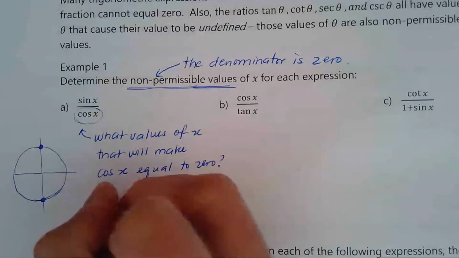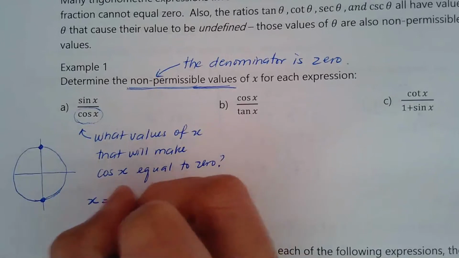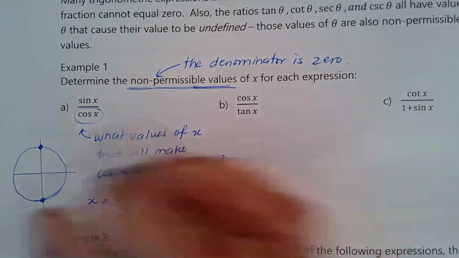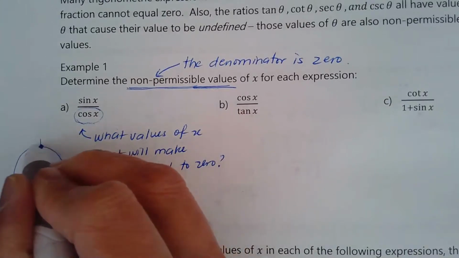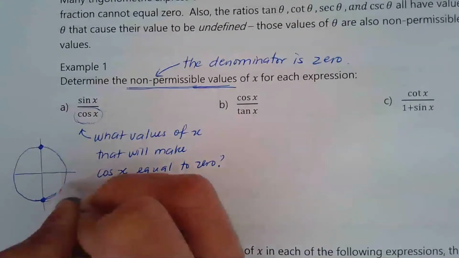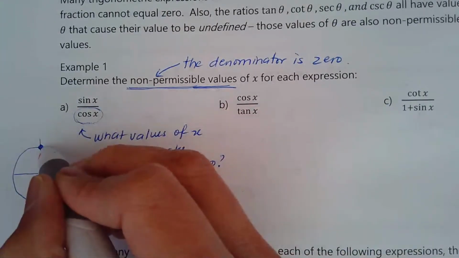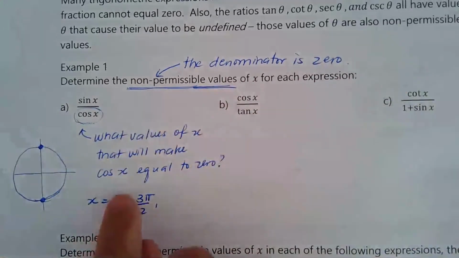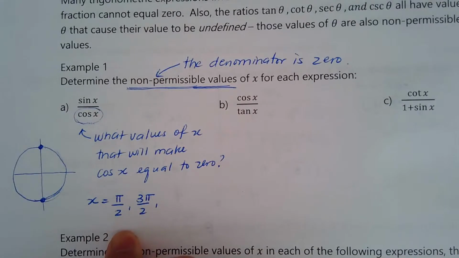So x is equal to pi halves, 3 pi halves. So this is pi halves, this is 3 pi halves, 5 pi halves, and so on.